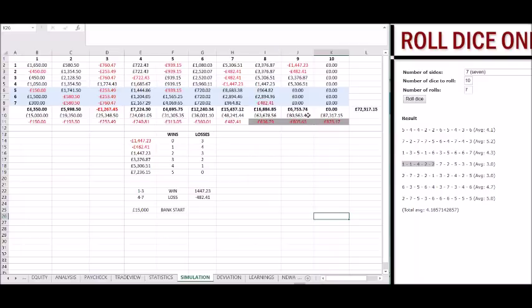Remember, what we're doing here is applying a 1% rule. A 1% rule, and that's why growing your equity is fundamental to being able to achieve this level of income.